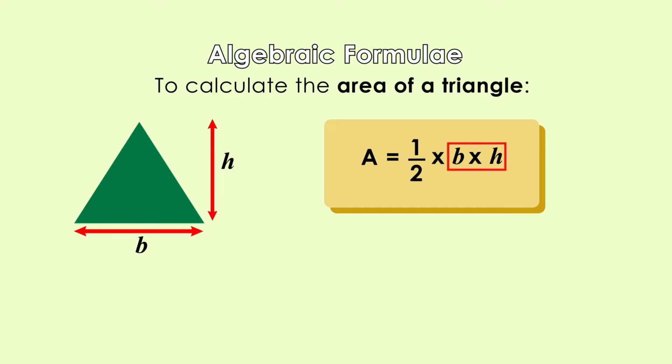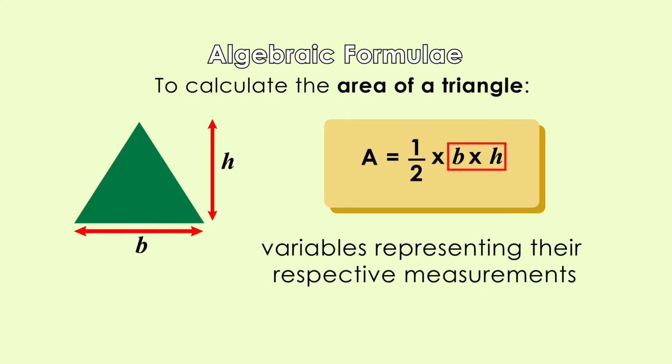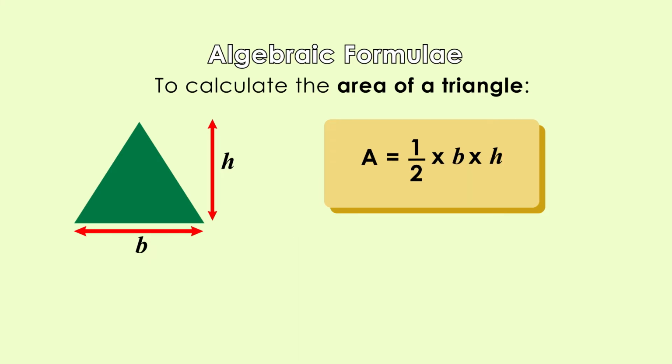B and H are variables representing their respective measurements. The formula A equals 1 over 2 times B times H is an algebraic formula.